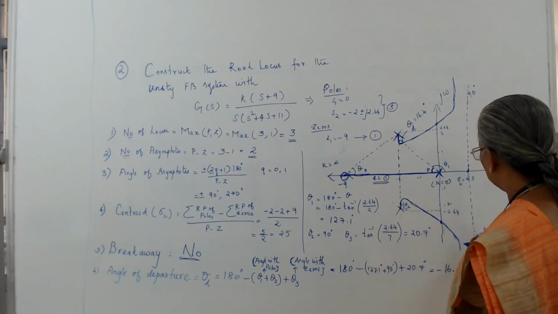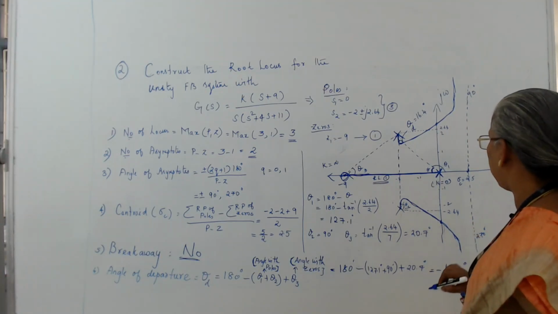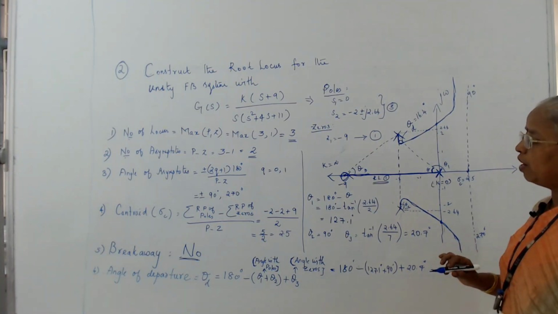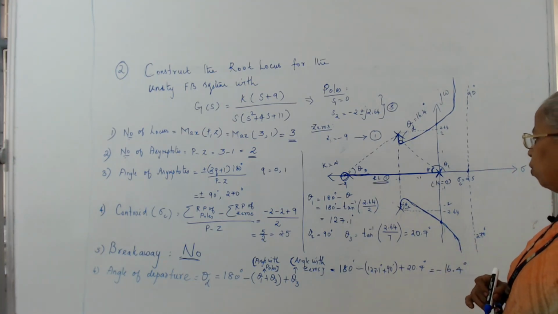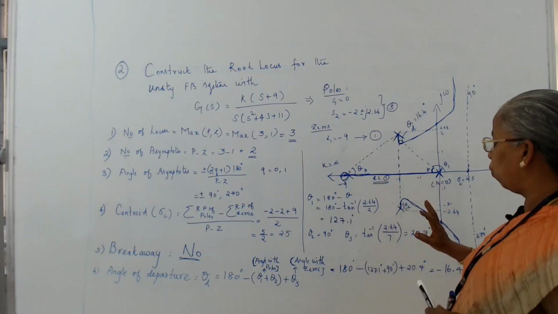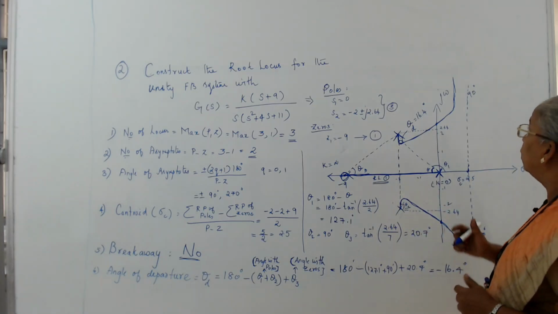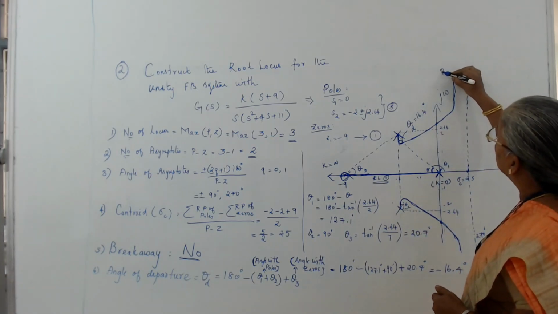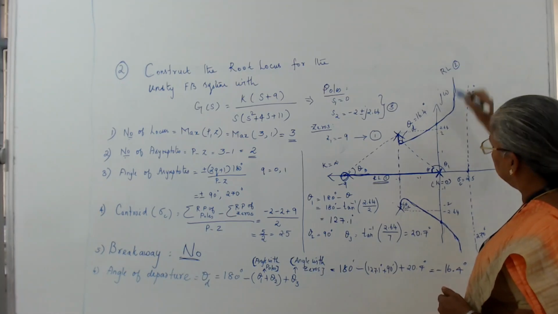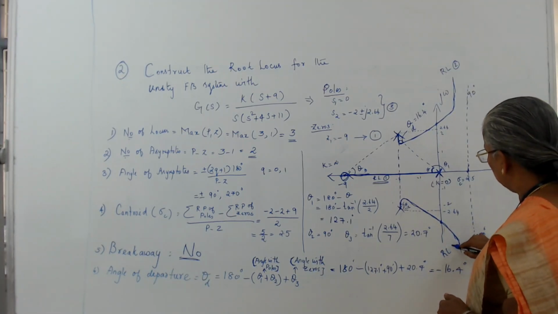As we know, there is no breakaway. So this is my root locus 2, and this is my root locus 3.